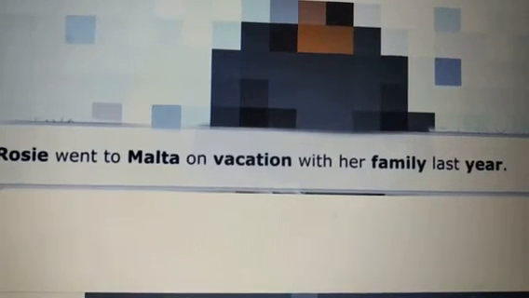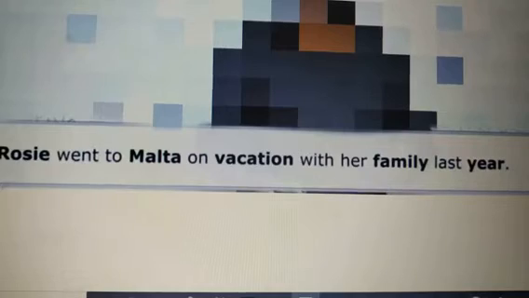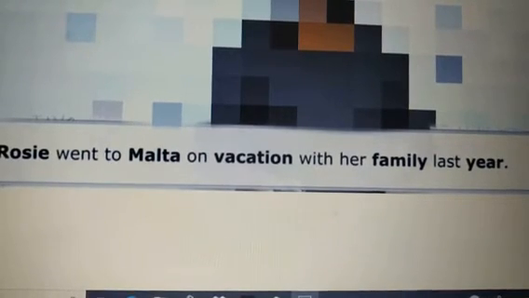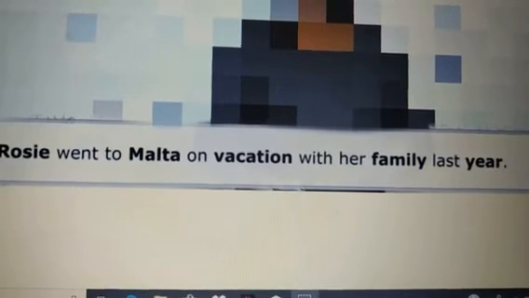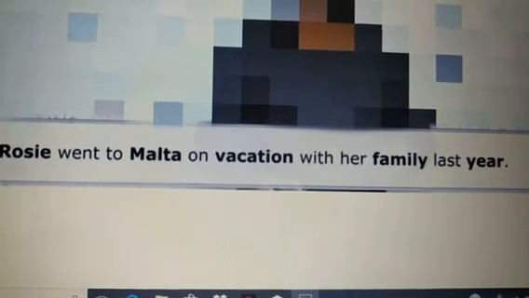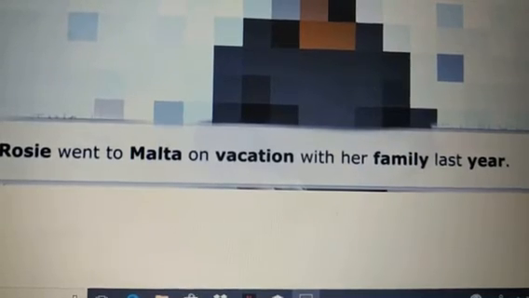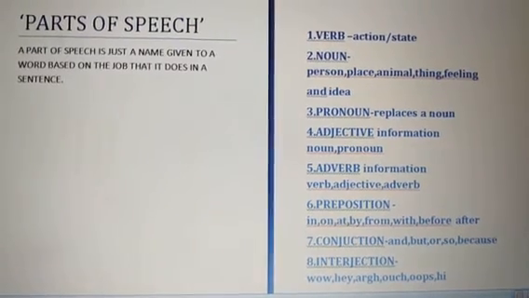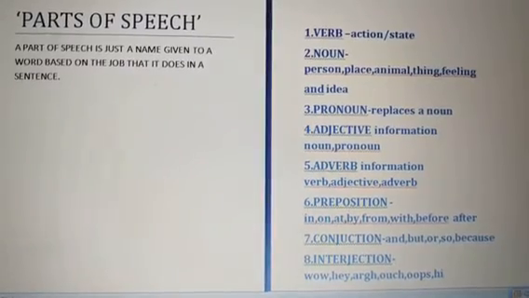Now of course, nouns can also be animals like dogs or cats, or a noun could be a thing like watch, pen, or it could be a feeling such as love, hatred, anger, etc. So these are all nouns. So I hope nouns are clear to you.